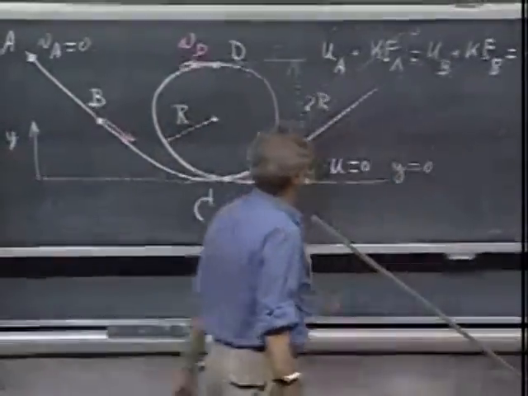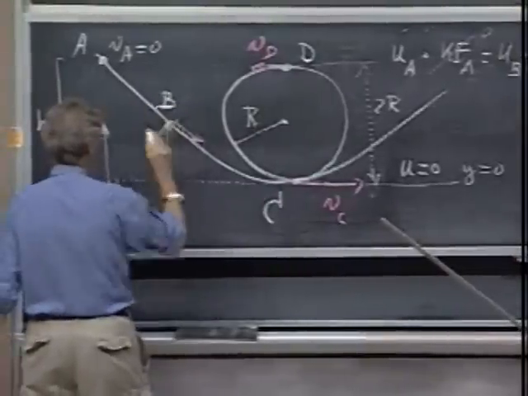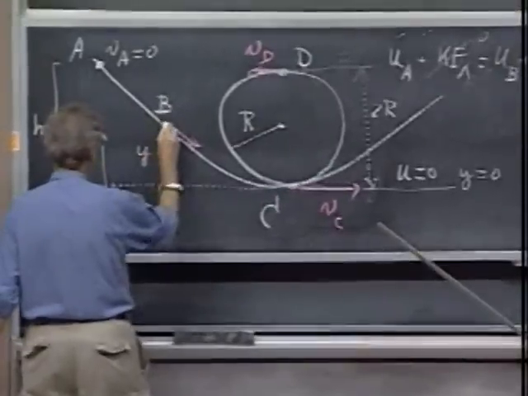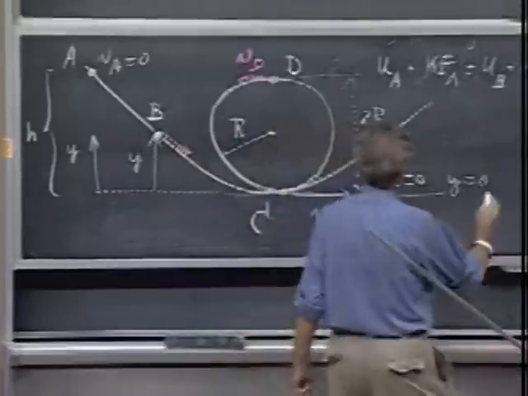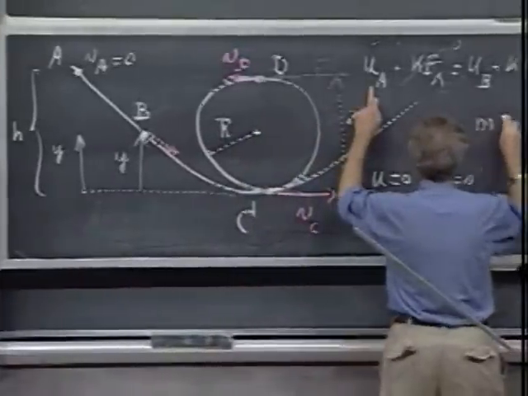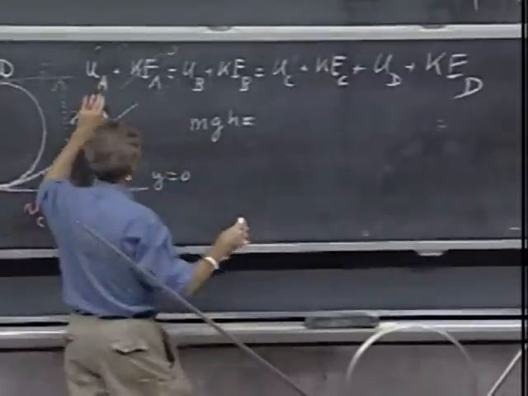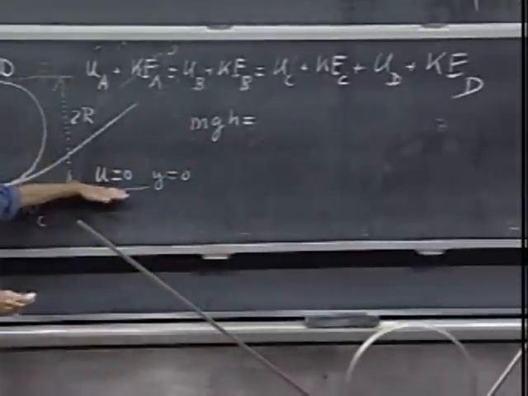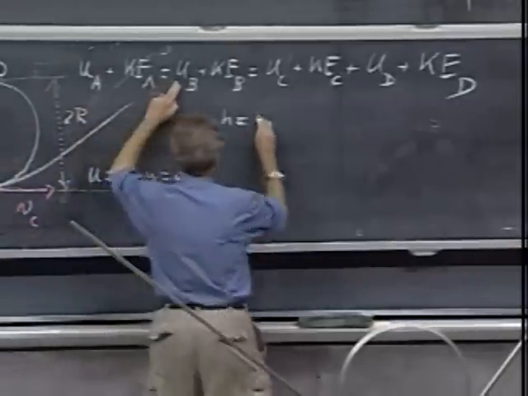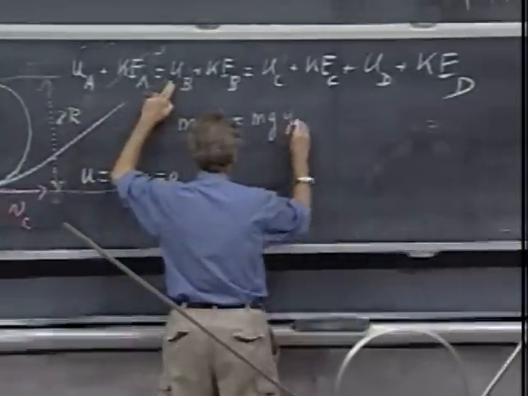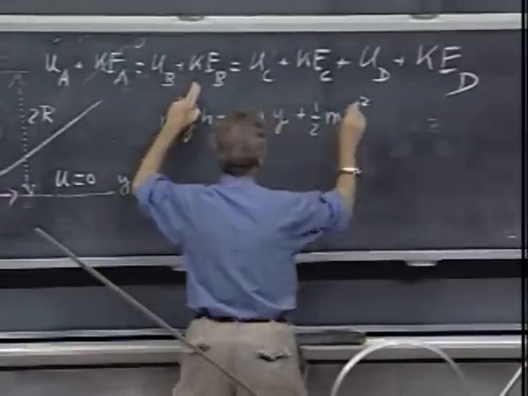And so now I can write this in general terms of y. Say, take this point B, think of that being at a location y above the 0 line. Then I can write down now that UA, which is mgh, that was a given when I started, that was all the energy I had, that was my total mechanical energy. If I call this U0, which is a free choice I have, it equals U of B, which is now mgy, plus 1/2 mv squared at that position y.